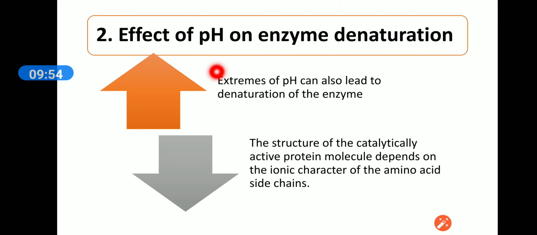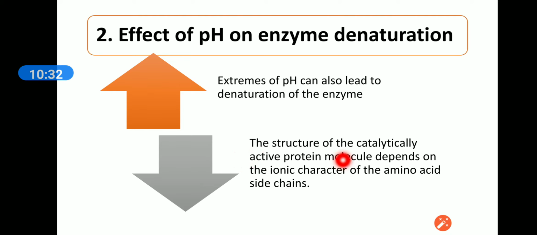Effect of pH on enzyme denaturation. Extremes of pH can also lead to denaturation of enzymes. Enzymes are protein in nature, and proteins are made up of polypeptide chains of amino acids connected by peptide bonds, and the structure is affected by pH.